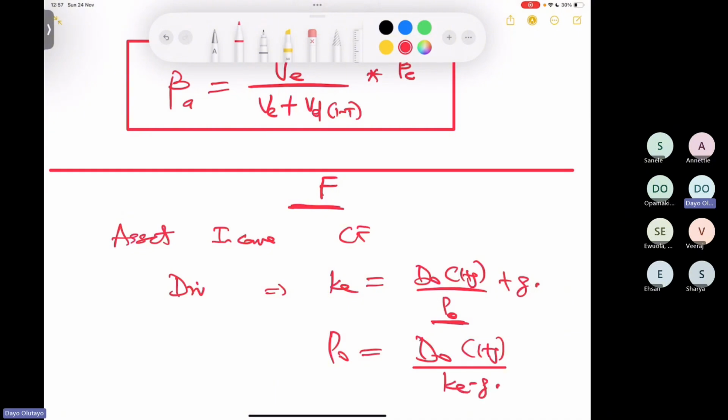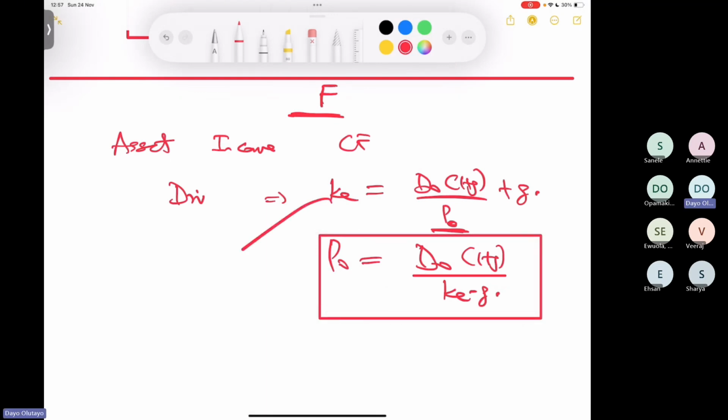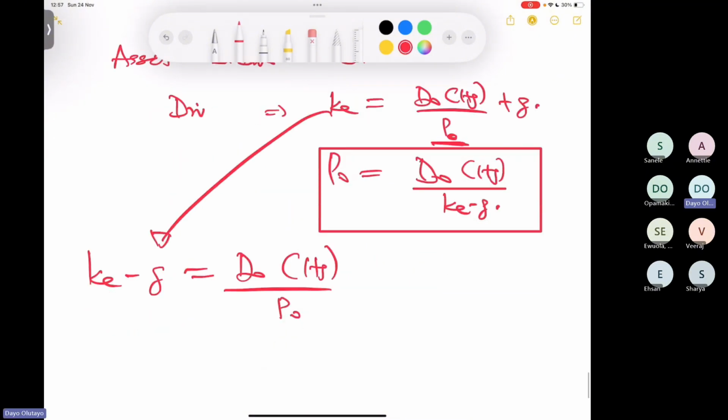Because if you bring this here, you have Ke minus g equals D0 into (1 plus g) over P0. This is the P0 you want to calculate. So take it here and bring this one here, and you have this formula. It's the same formula you'll be using.